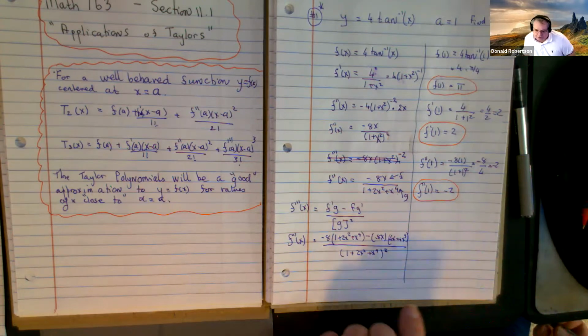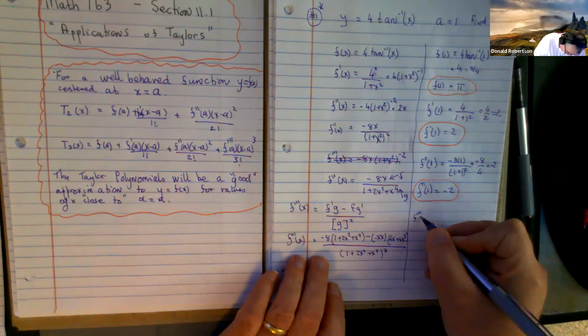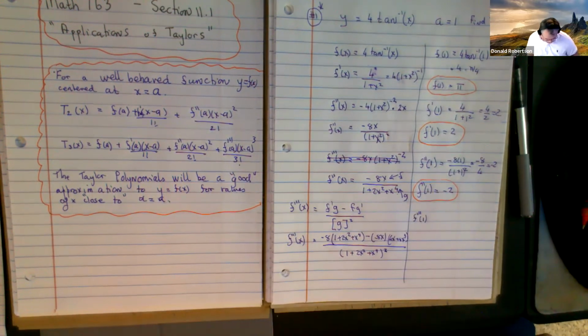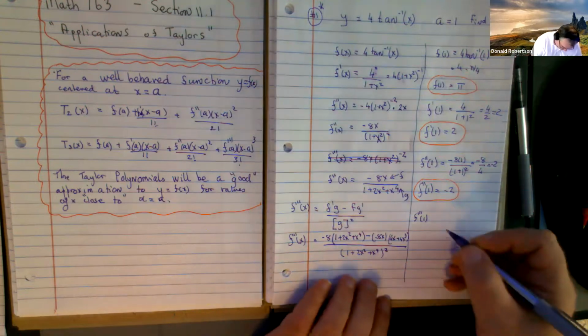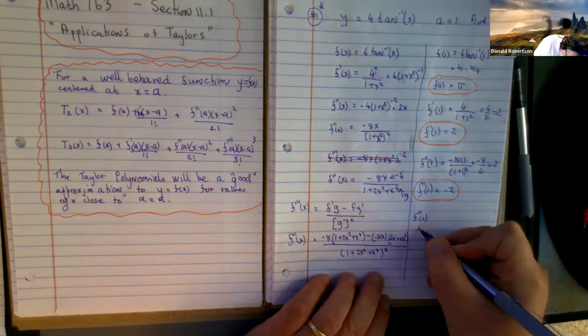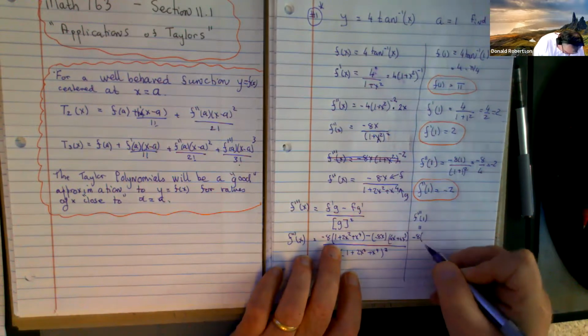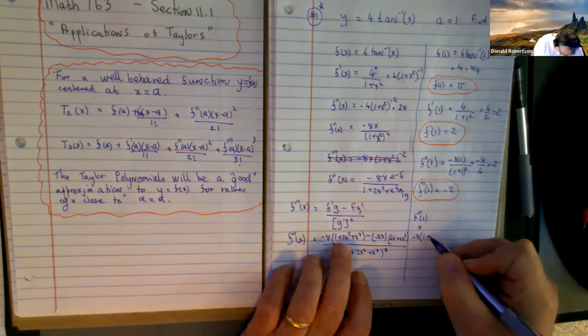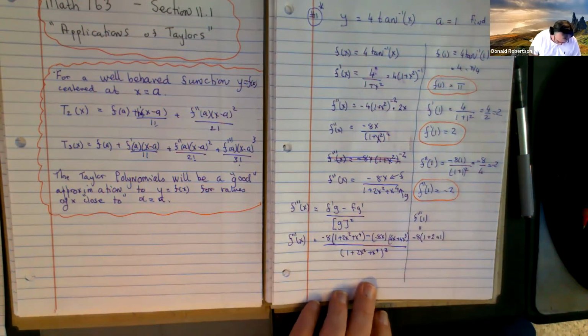Because the only thing I'm interested in is what's the value of that third derivative when x is 1. So I can just plug in 1 in all these places and off we go. And I think I'm going to need every inch of room. So it's going to be -8 times 1 plus 2 lots of 1 squared plus 1 to the 4.